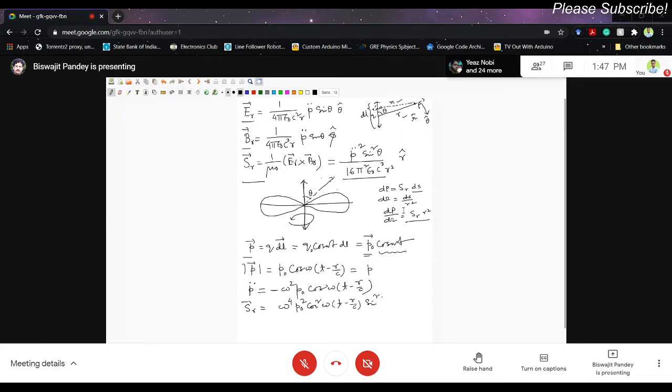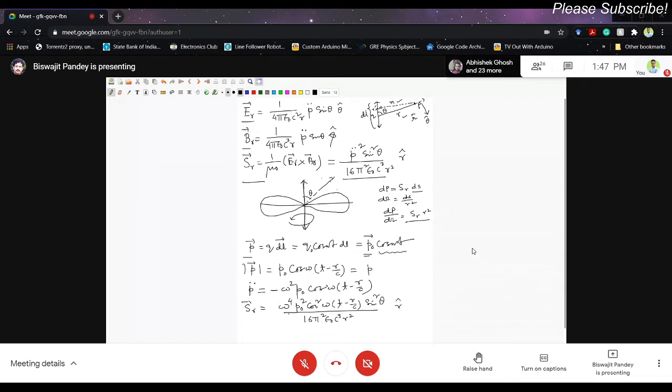Then we have a sine square theta, and then divided by 16 pi square epsilon 0 c cube into r square, and r cap, of course, this is a vector.